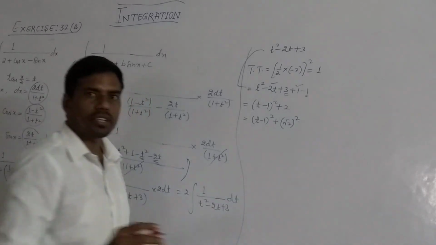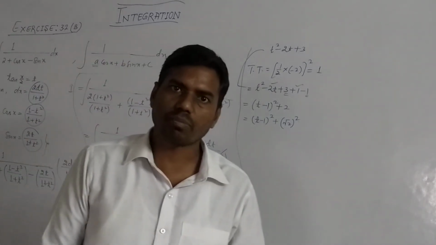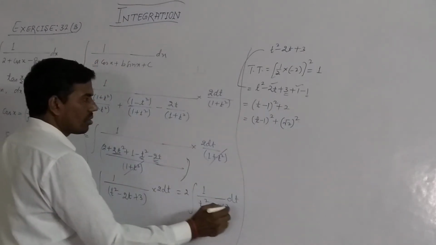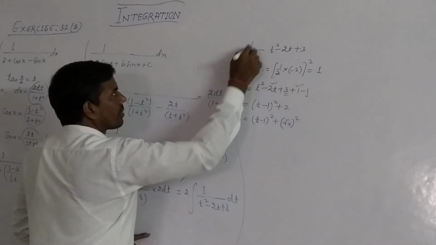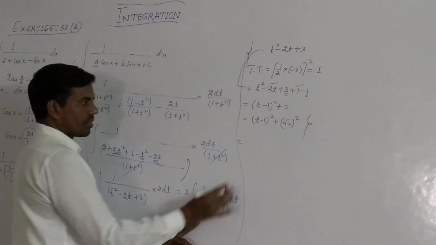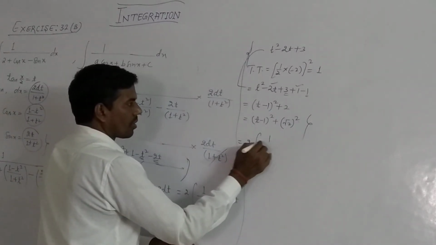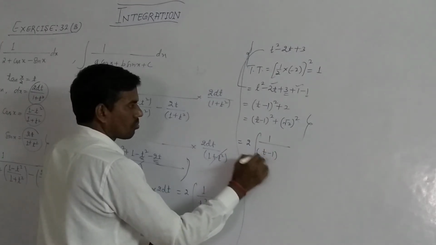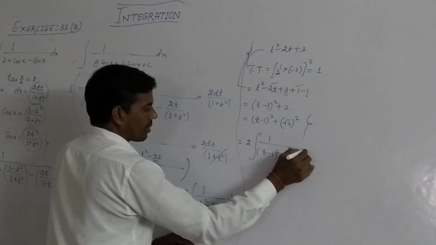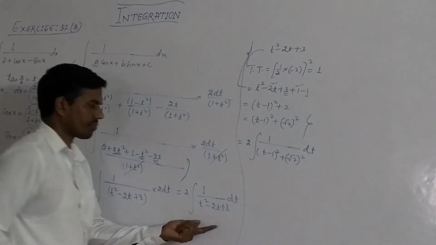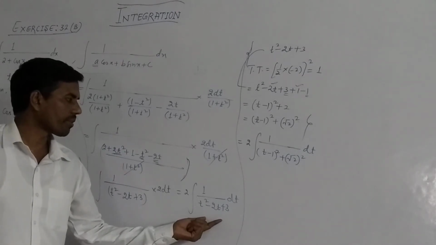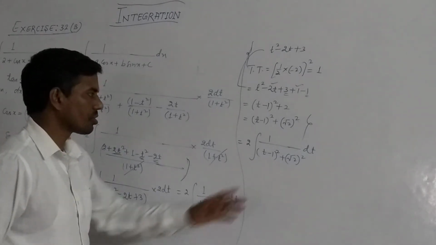Since we have to make a perfect square, meaning a square plus b square or a square minus b square. So we get twice of the integral of 1 upon t minus 1 whole square plus root 2 whole square dt.